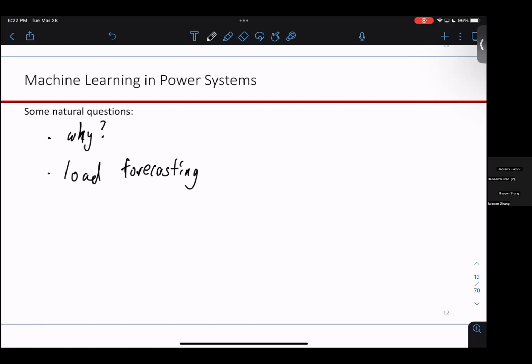So is this problem getting harder or easier today compared to the system, say, 20 years ago? Not necessarily easier. So what has changed in the power system in the last 20 years?